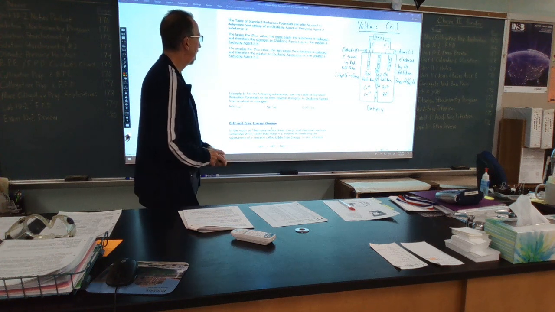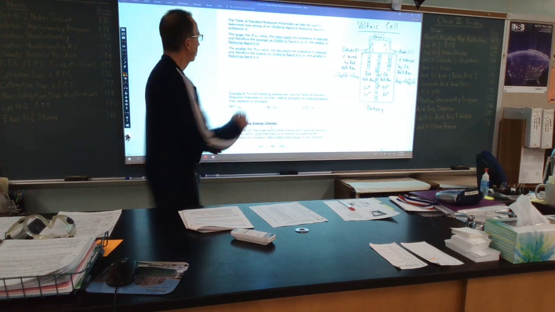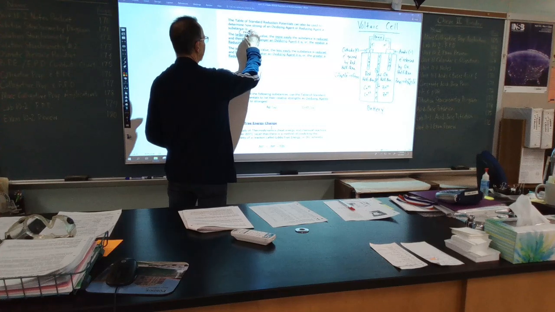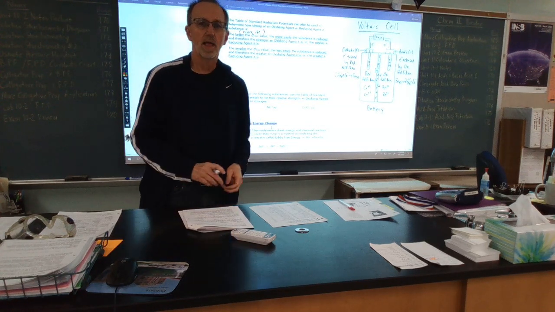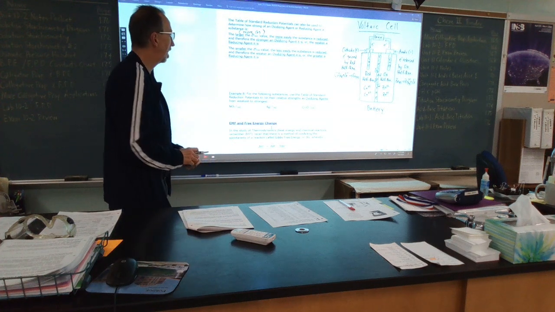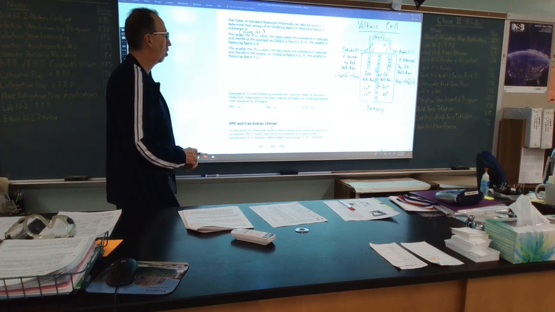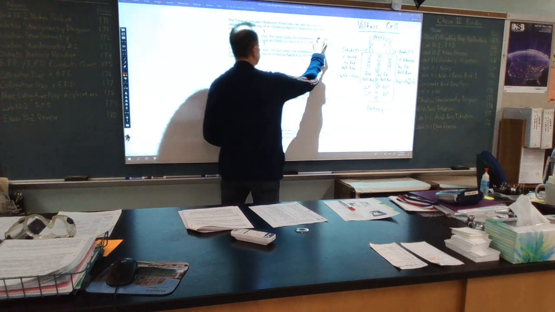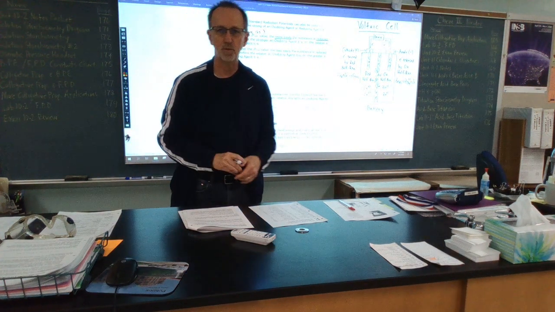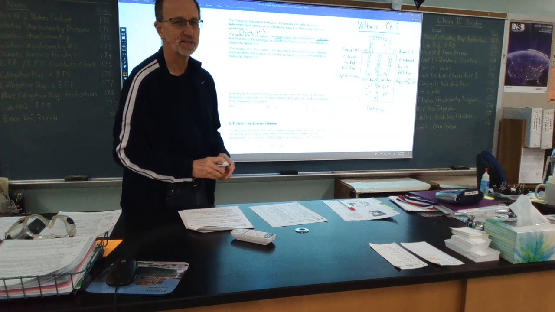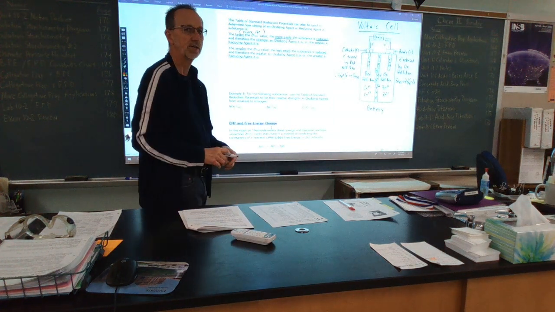The larger the value of E, the more positive, the more easily the substance is reduced. In other words, and we've said this before, the more positive that value is, the more that substance wants to be reduced.